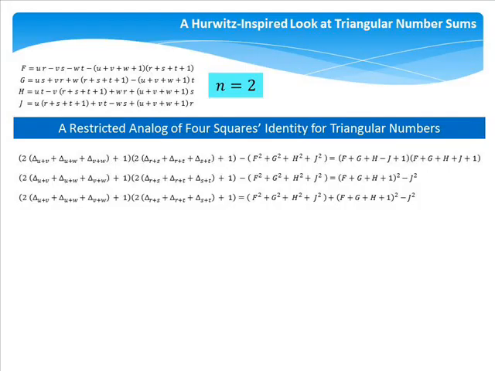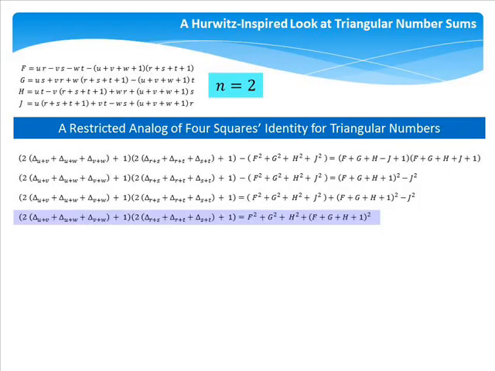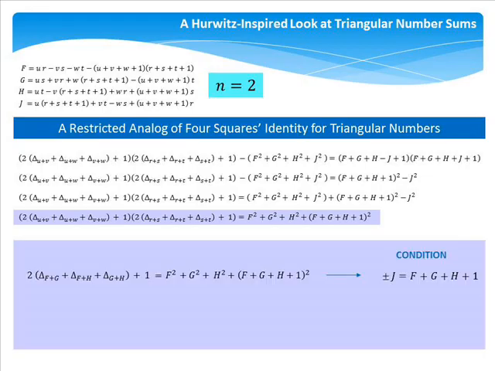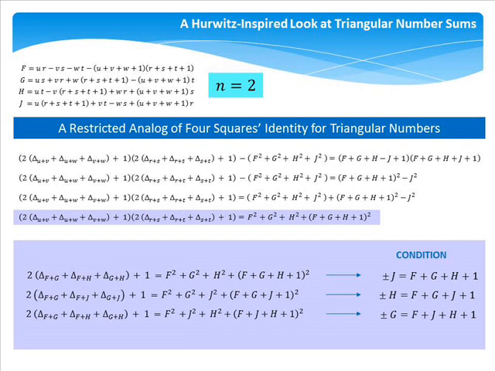Simplifying, the product of two numbers of this form must equal f squared plus g squared plus h squared plus the square of f plus g plus h plus 1, which in turn equals 1 plus twice the sum of triangular numbers f plus g, f plus h, and g plus h. This observation allows us to naturally extend the result to three other triplets of the triangular numbers.